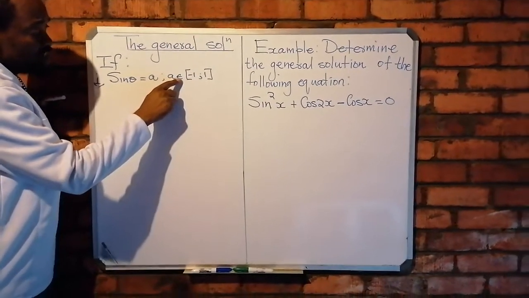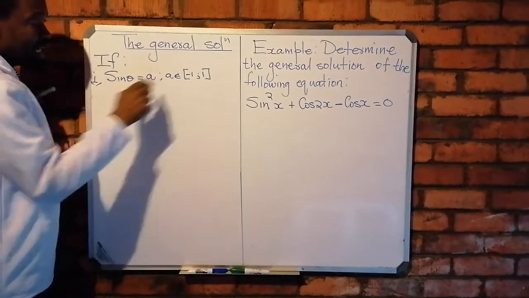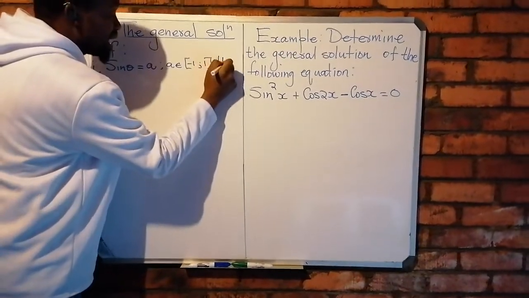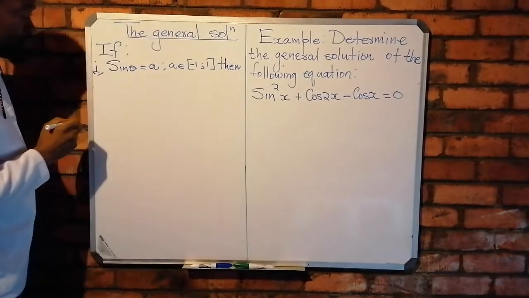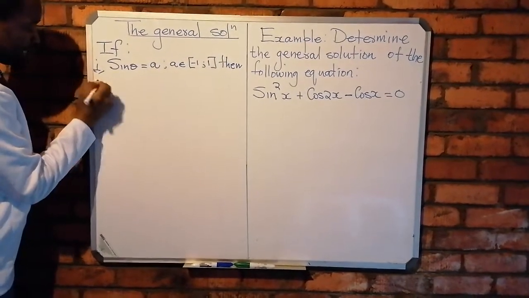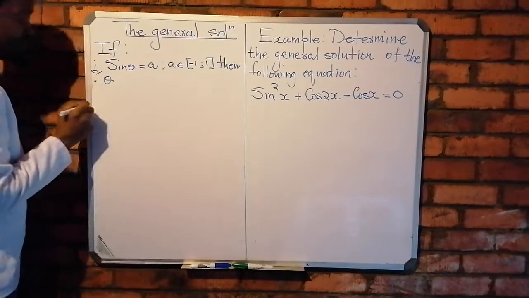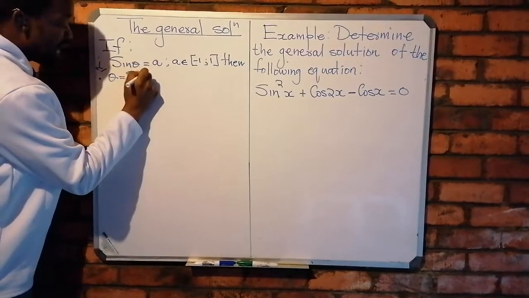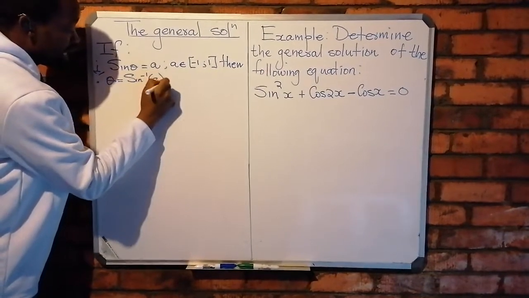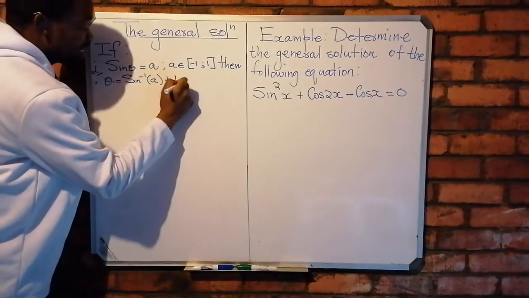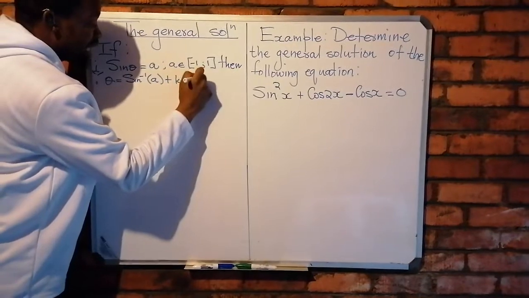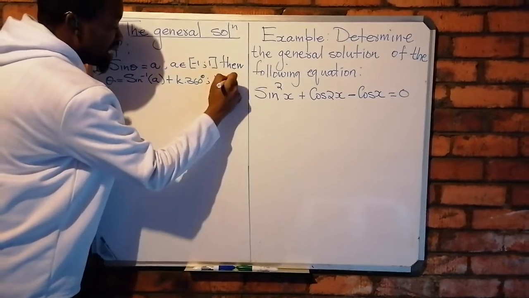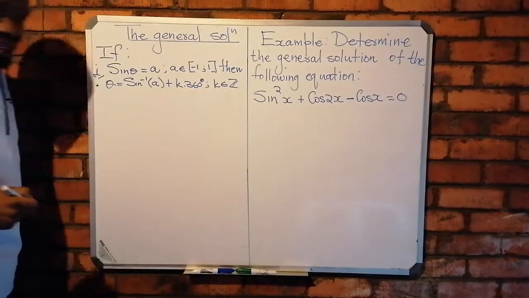If the ratio is between -1 and 1, the condition says then the value of an angle is arc sine of the ratio plus k multiplied by 360 degrees, where k is an element of integers.